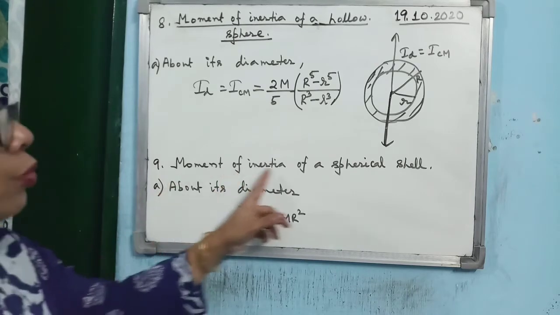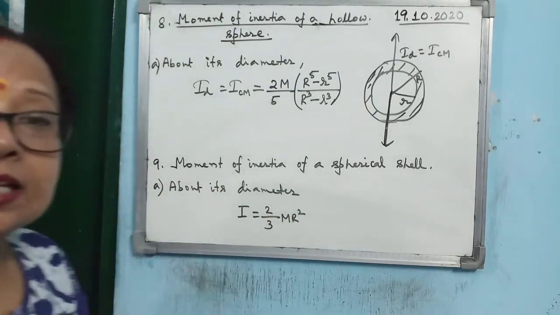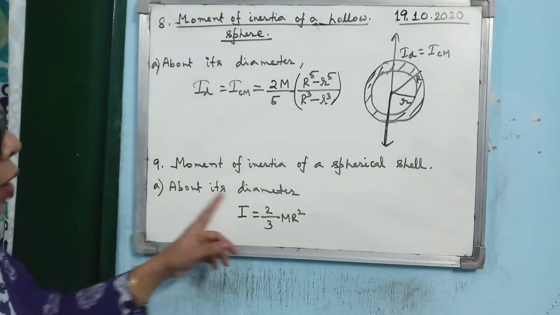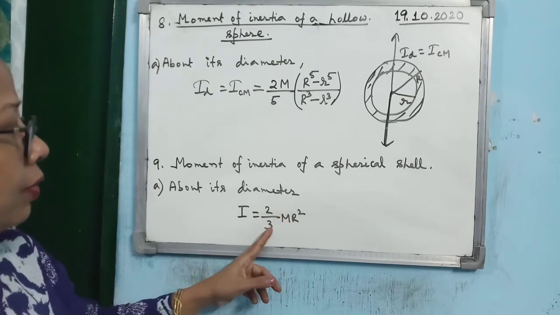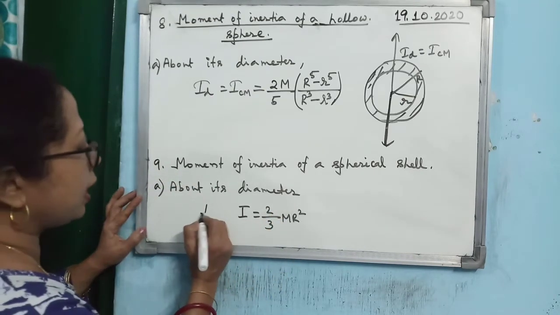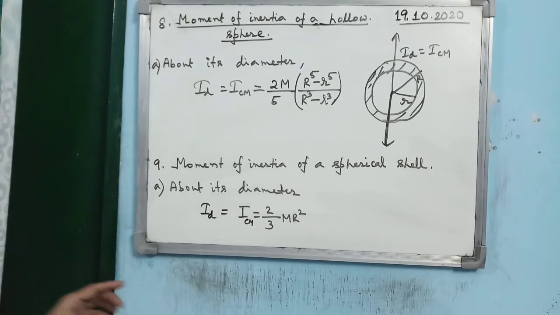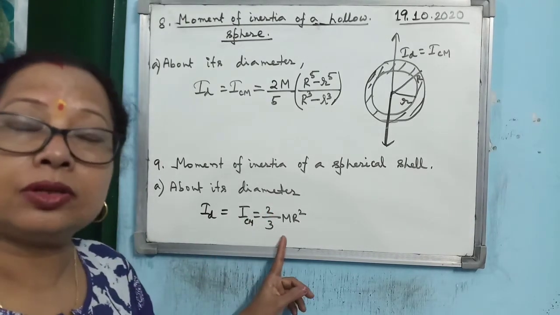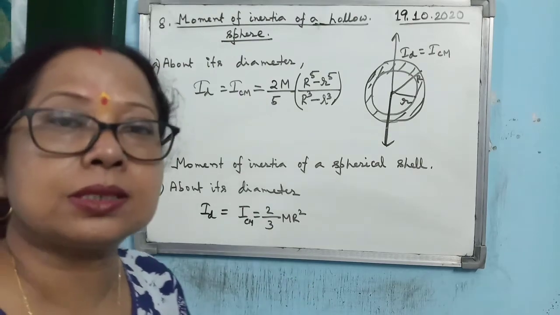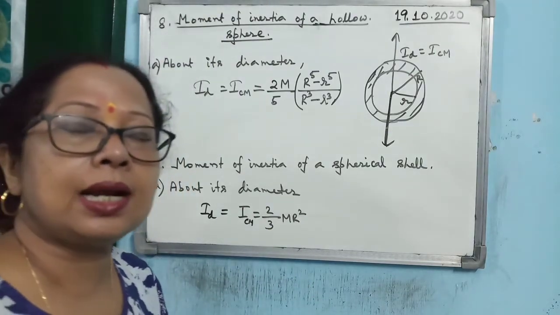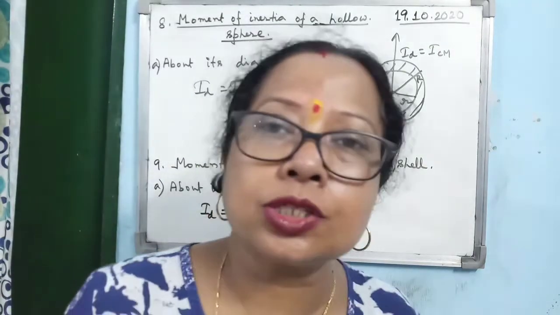Then next one is the moment of inertia of a spherical shell about its diameter. Remember that this is also about the center of mass. It is given by 2 by 3 mr square, where m is the mass of the spherical shell and r is the radius of the spherical shell.